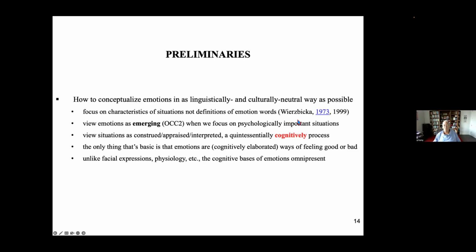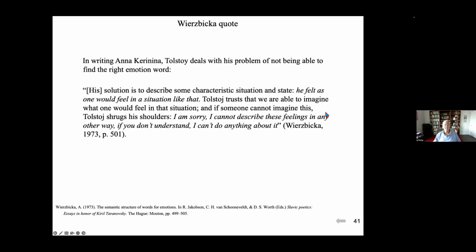This is very nicely influenced by a very old paper of Anna Wierzbicka 50 years ago. She wrote this in describing how Tolstoy was dealing, when he was writing Anna Karenina, with the problem of not being able to find the right emotion word. And this is what Wierzbicka writes. Tolstoy's solution is to describe some characteristic situation and state, such as he felt as one would feel in a situation like that.